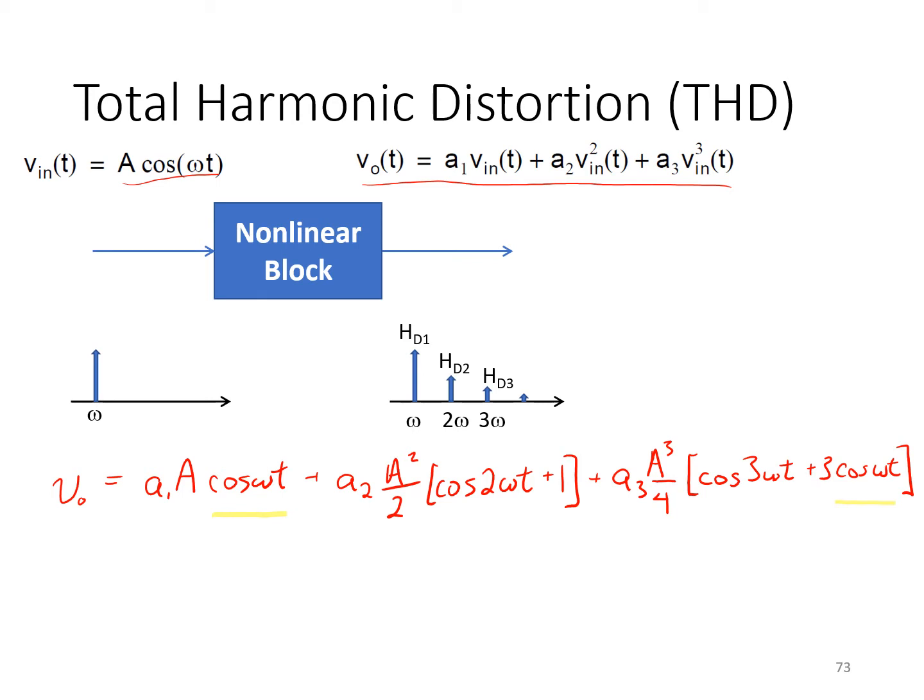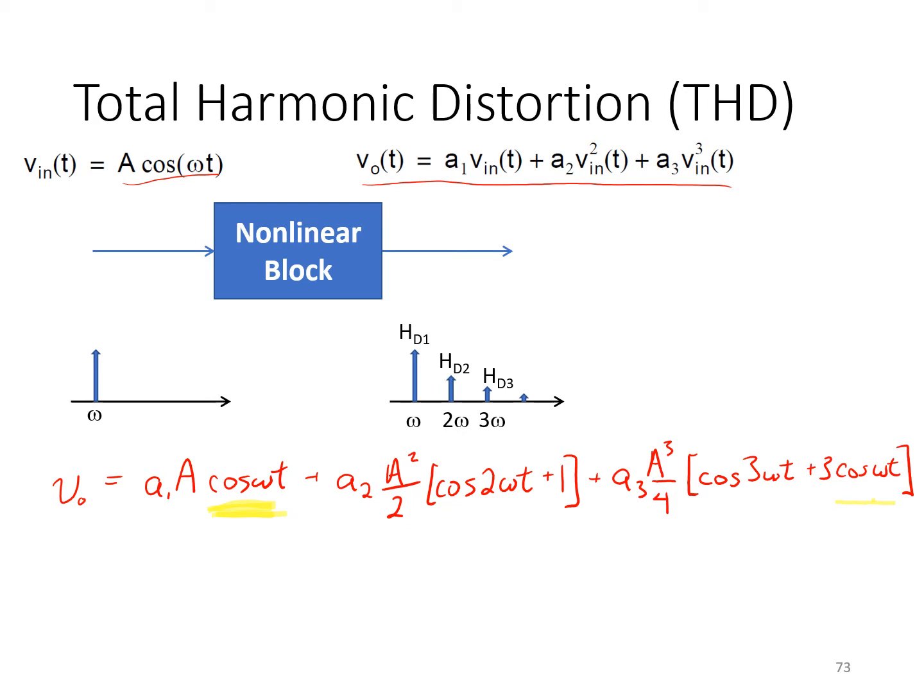Now, as the input amplitude, capital A, grows, then eventually these other terms will come into play, but that will be at such large amplitudes that the amplifier is grossly nonlinear at that point, and it's probably not useful anyway. So for all amplitudes of interest, the dominant linear term will be the one due to the linear coefficient A1.